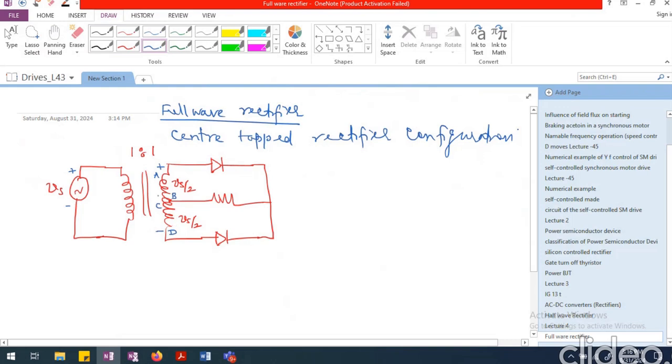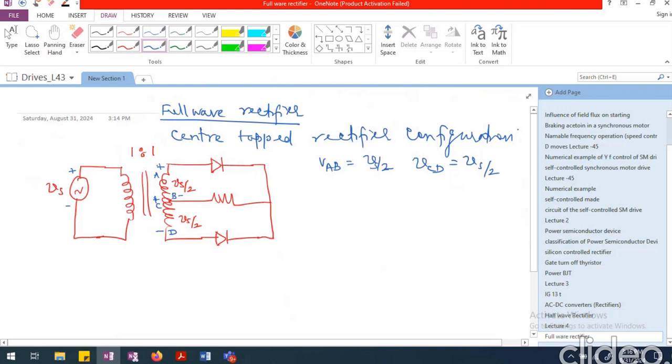So A is plus, B is minus, and again C is plus and D is minus. We are going to have Vs by 2 appearing across AB, so VAB will be Vs by 2, and VCD will also be Vs by 2. This is how the voltages are going to be.